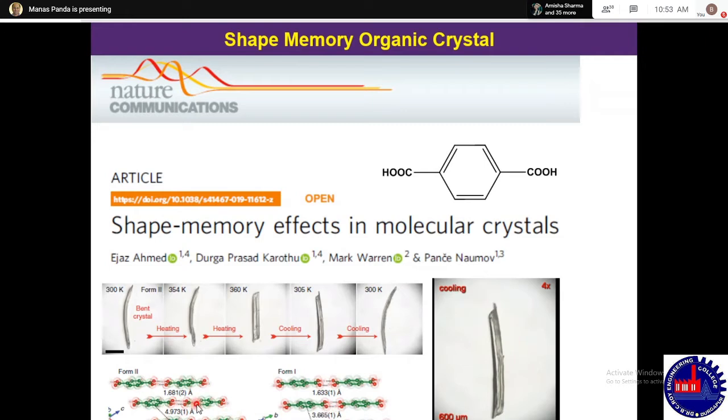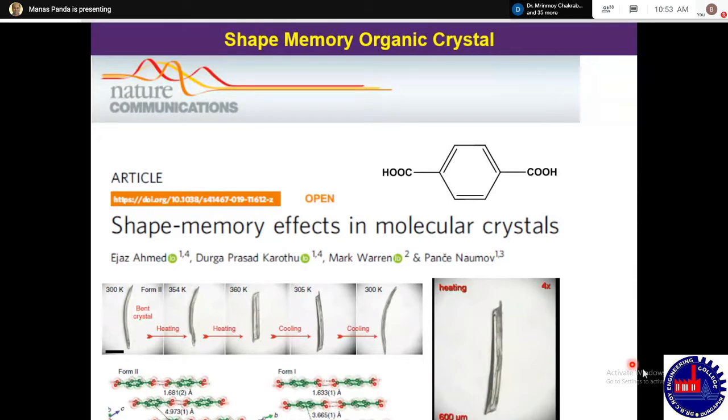You can see the structure is changing over here. So once you start cooling, this is the cool stage, and then it bends, and again if you start heating, it will come back to the original state. Okay, so that is how the shape memory crystal works.